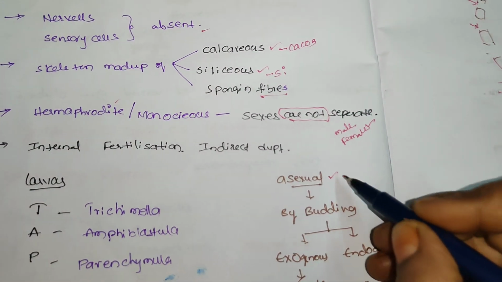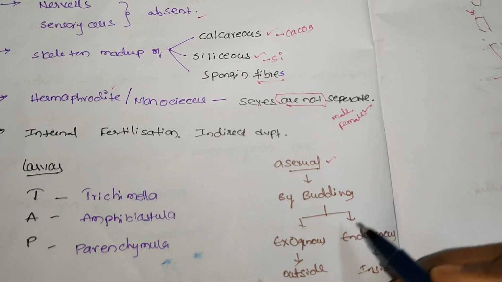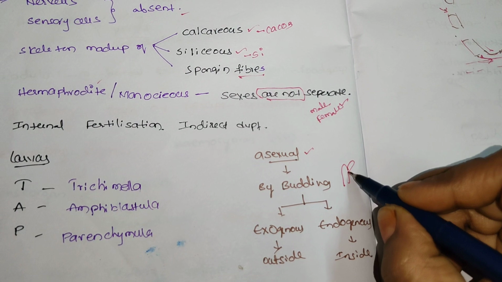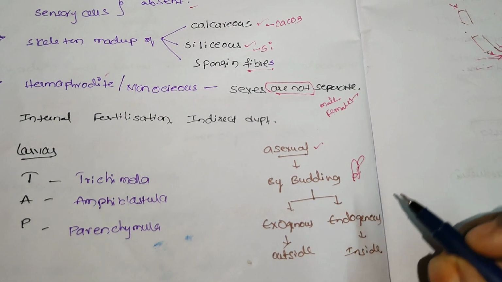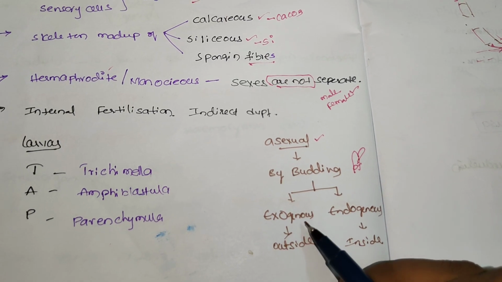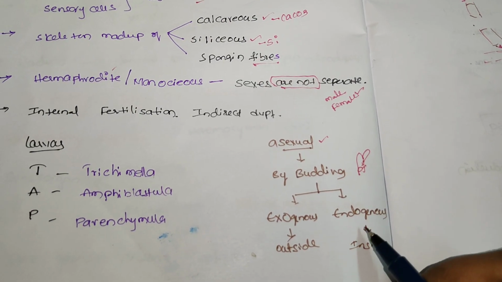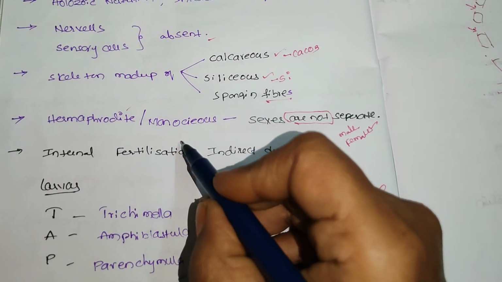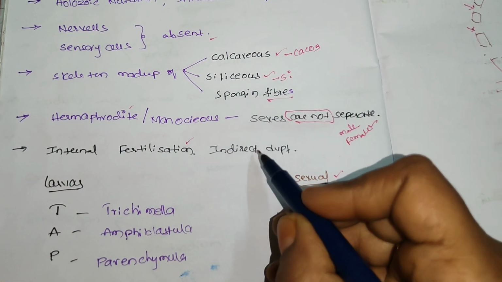Asexual reproduction is done by budding; in sponges, exogenous and endogenous budding occur. If buds form outside the organism it is exogenous, and inside the organism it is endogenous. Internal fertilization takes place, and development is indirect.